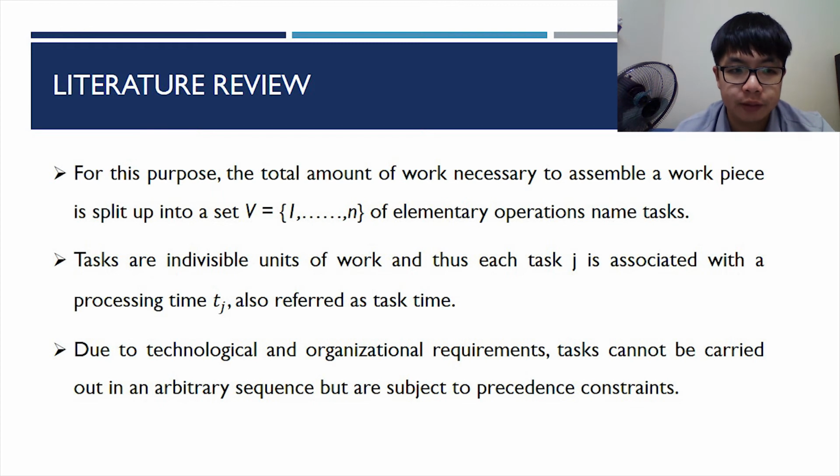Tasks are indivisible units of work, and each task is associated with a processing time, also referred to as task time. Due to technological and organizational requirements, tasks cannot be carried out in an arbitrary sequence but are subject to precedence constraints.